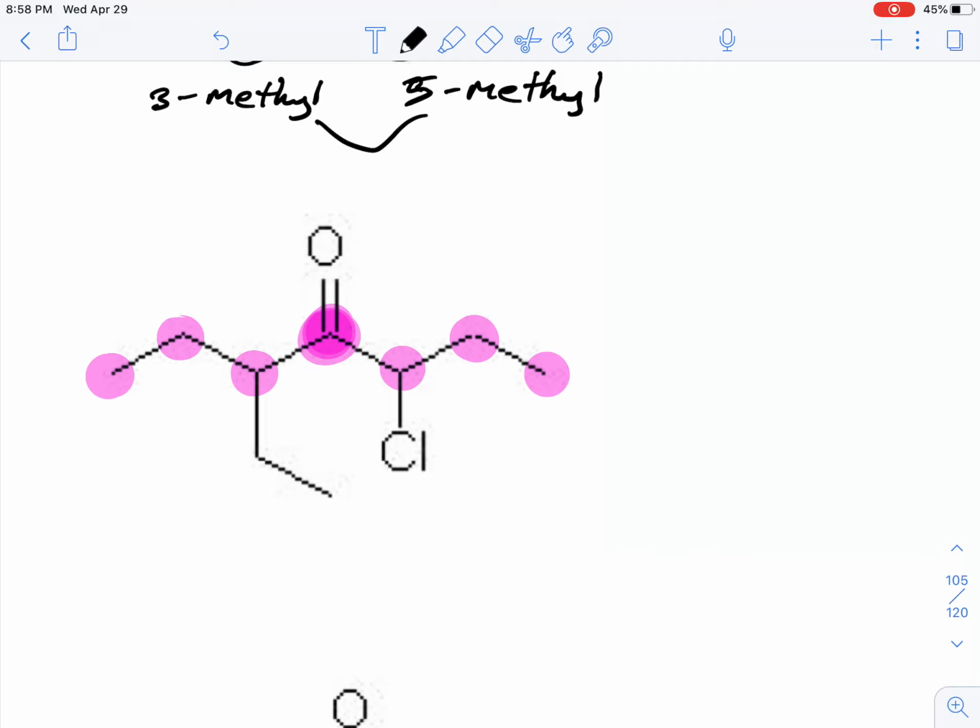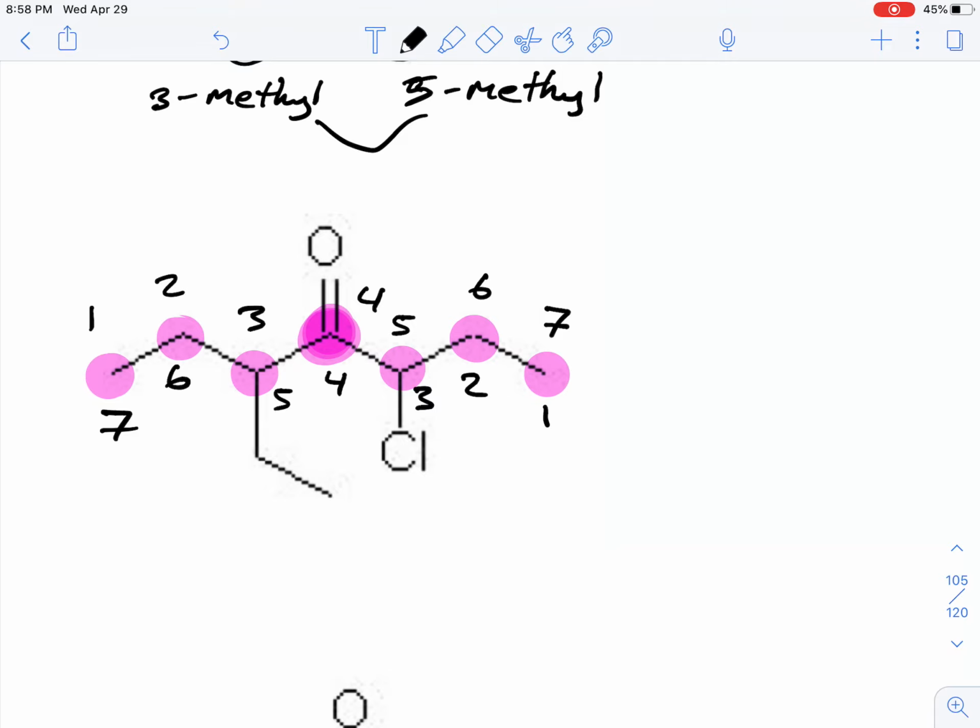And so once again, I need to figure out my numbering system here. Here I have 1, 2, 3, 4, 5, 6, 7. So if I go in reverse, I have 1, 2, 3, 4, 5, 6, 7.